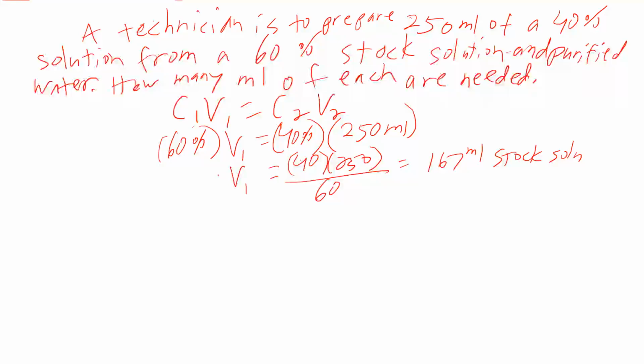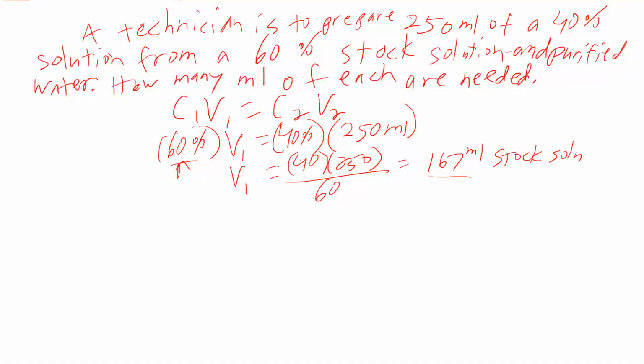Okay, so V1 is the amount of 60% stock solution. So what this means, whenever you see the V and it's next to the concentration, this pertains to this. So V1, which we know is 167 mils, is the stock solution of 60%.